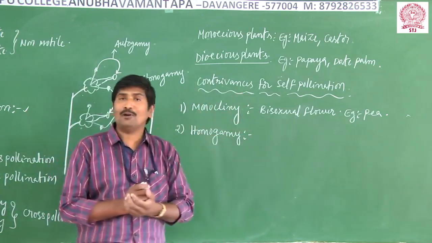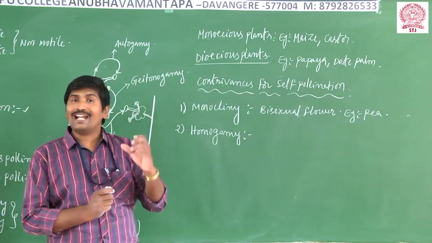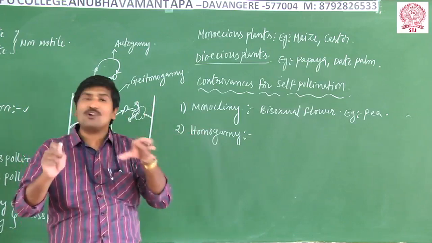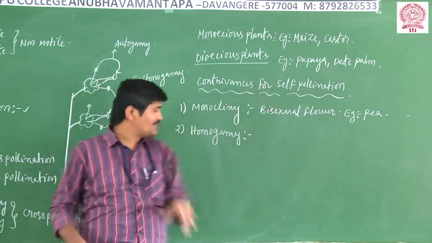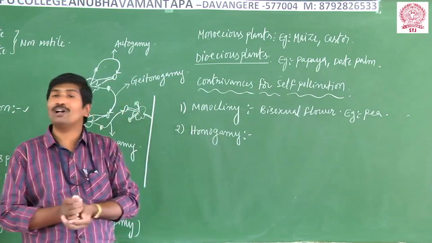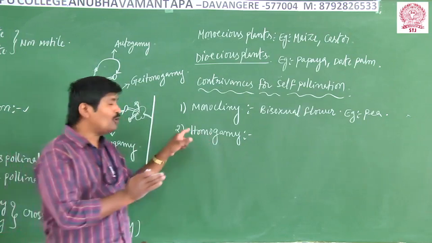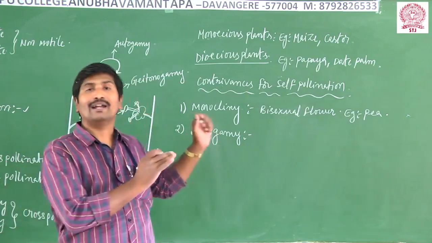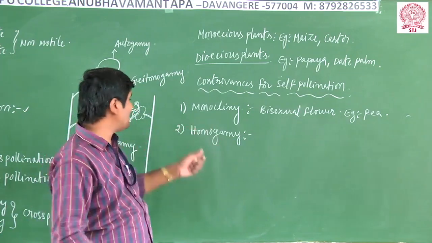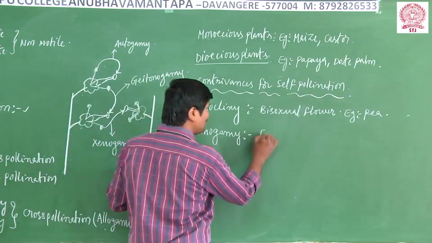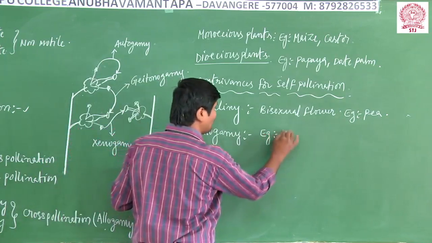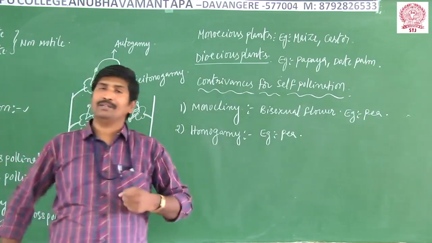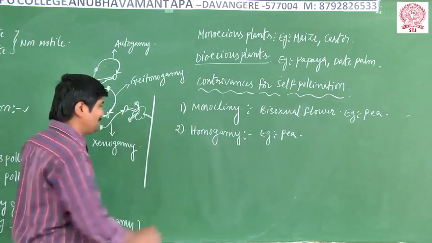When both male and female sex organs mature at a time, that is responsible for self-pollination. That is known as homogamy. Here also the best example for homogamy is pea. It belongs to the Fabaceae family or pea family.